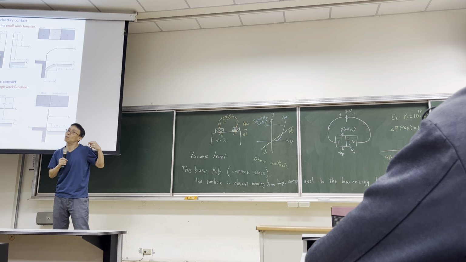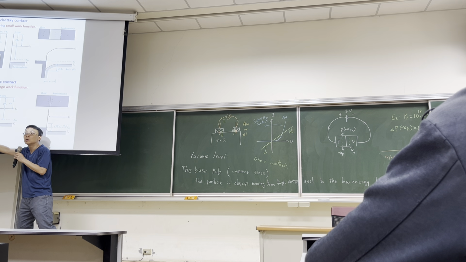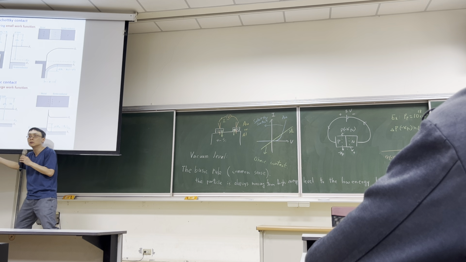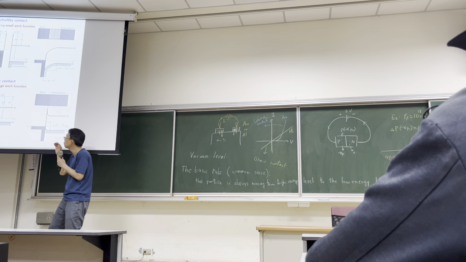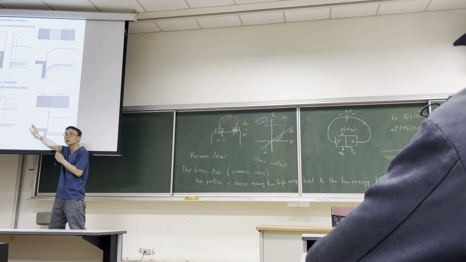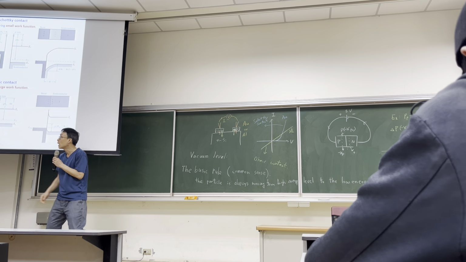Electron is like water. It likes to go from the high place to the low place. When they finish traveling, the electron concentration becomes less because they all moved to the metal side due to the energy difference.